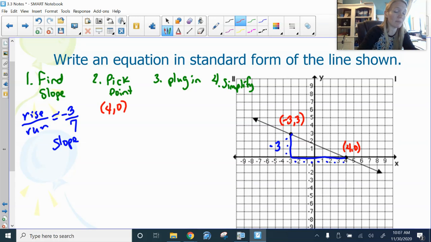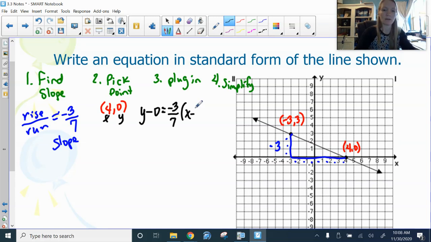It doesn't really matter which point you pick. Okay, so now I'm going to plug it into my y minus y1. So y minus my y value, which would be 0, equals my slope, negative 3/7, times x minus my x value, which is my 4.